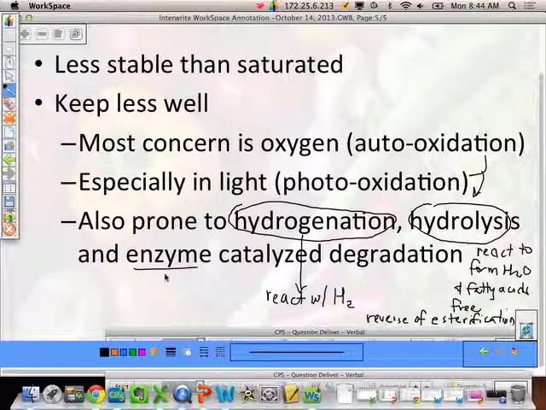Enzyme catalyzed degradation, most often we use lipase for that. It's the enzyme that catalyzes the reaction.